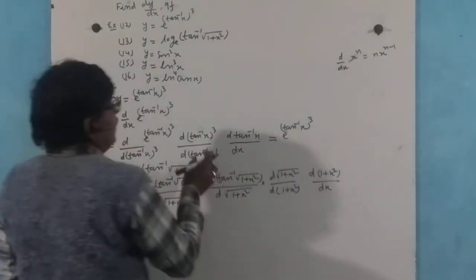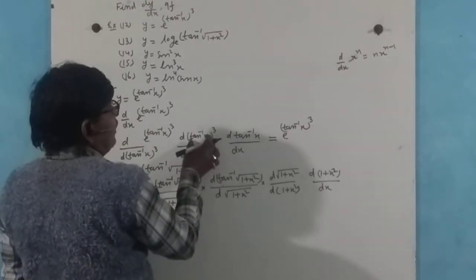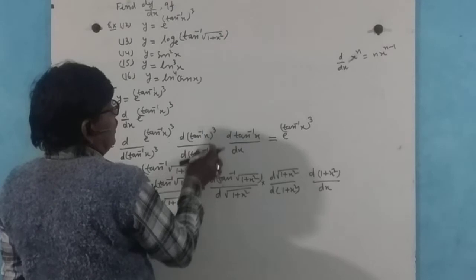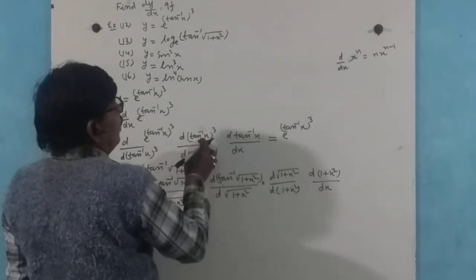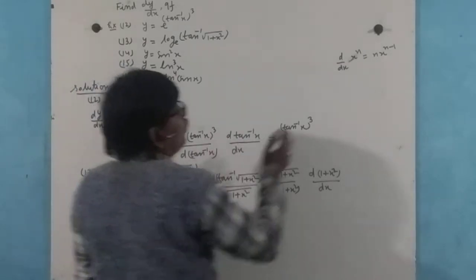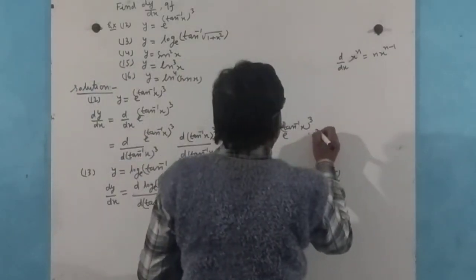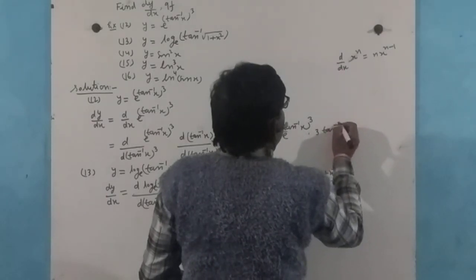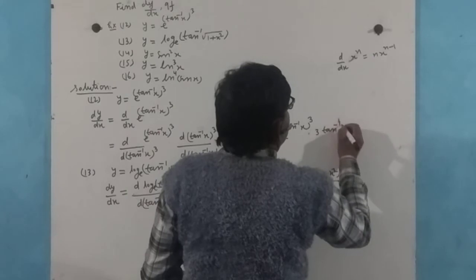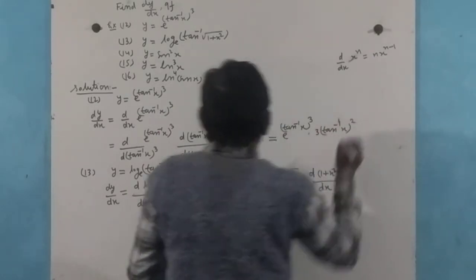In similar things, differentiation of this with respect to this is equal to n x^(n-1), and 3 tan inverse x to the power 2, so that this is equal to 3 (tan inverse x)^2 here.